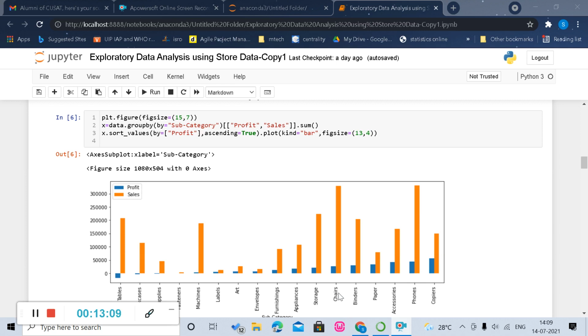Fonts, chairs show more sales, and this is arranged in ascending order of profit. So tables is actually facing a loss, and coming to the highest part, copiers are making the highest profit, as discussed before.